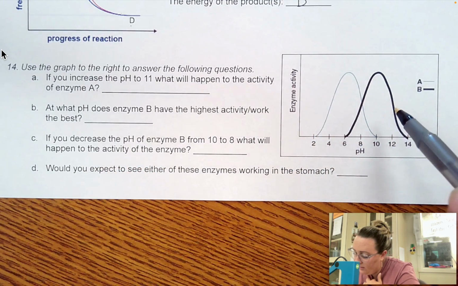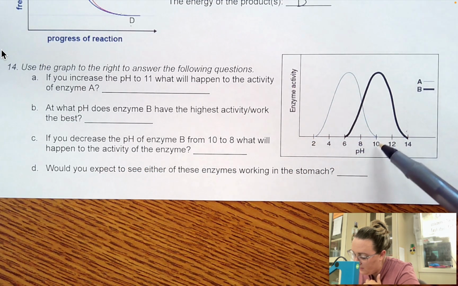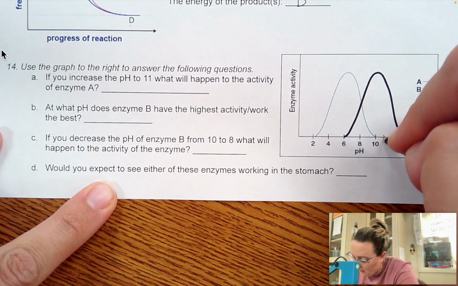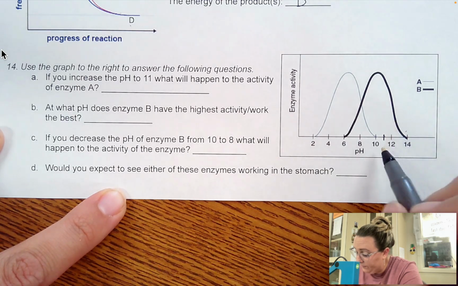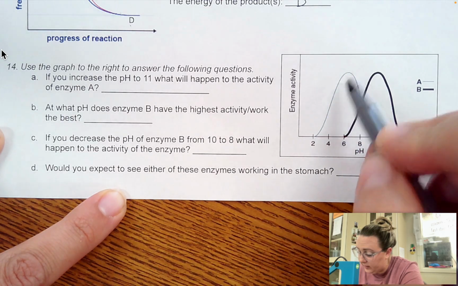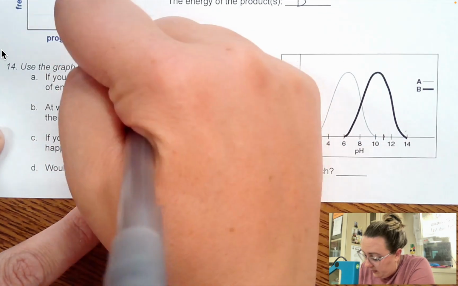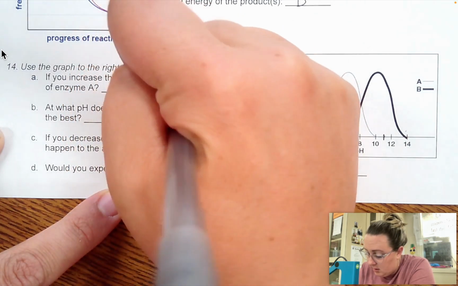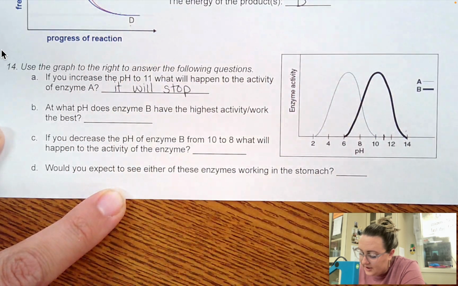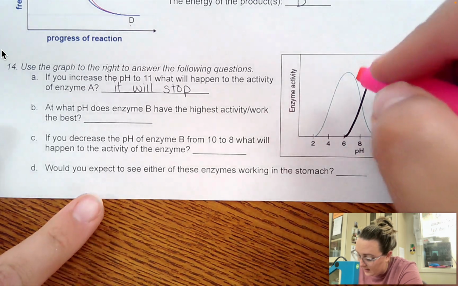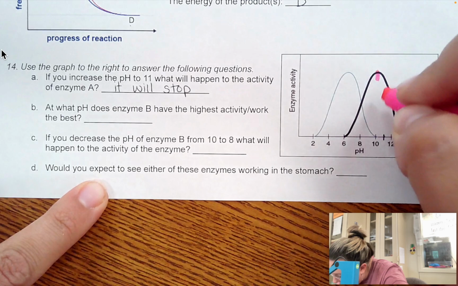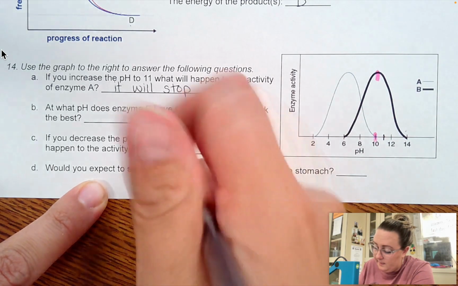All right, if you increase the pH to 11, what will happen to the activity of enzyme A? 11's here and enzyme A doesn't work there. It will stop. At what pH does enzyme B work best? Appears to be a pH of 10.